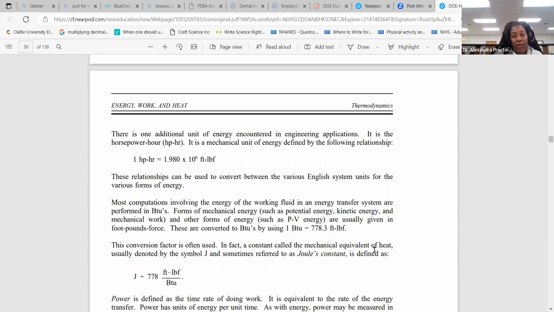It's a mechanical unit of energy. So 1 horsepower-hour is equal to 1.98 times 10 to the 6 foot-pound force. This allows you to convert between the various English system units for the various forms of energy.